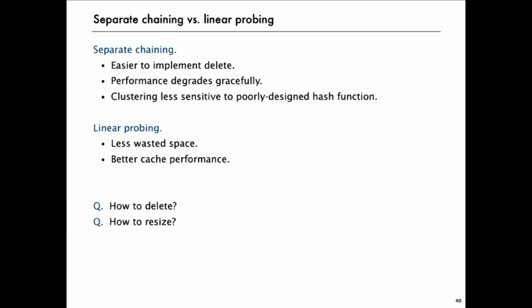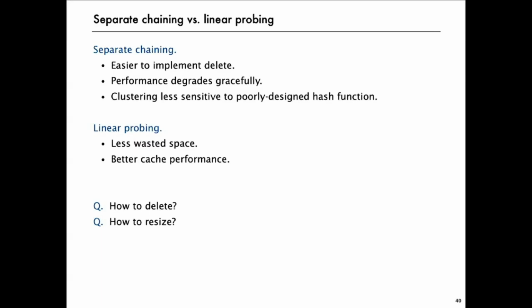So the bottom line is separate chaining versus linear probing as collision resolution methods. There's a number of considerations to take into account. Separate chaining is really easy to implement, both insert and delete. If performance degrades, it does so gracefully. And the clustering is maybe less of a problem if you have a bad hash function.